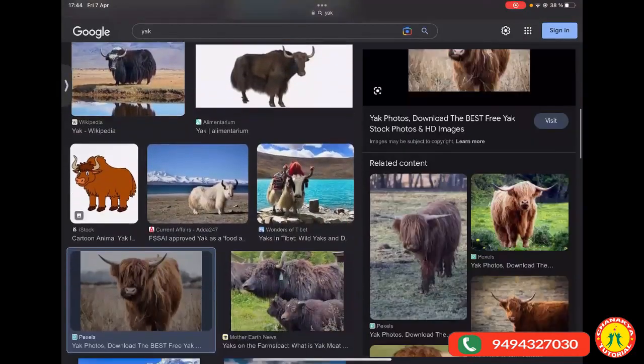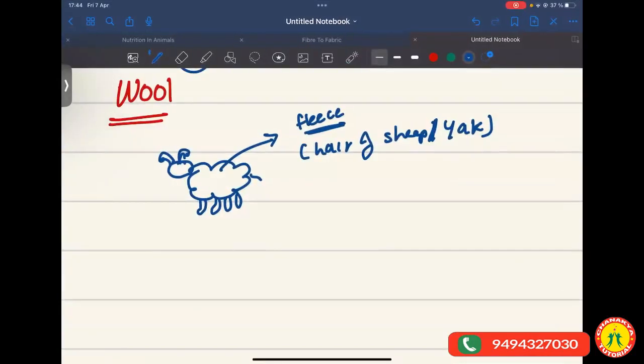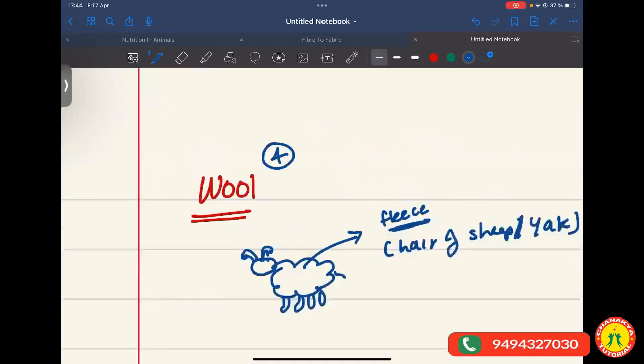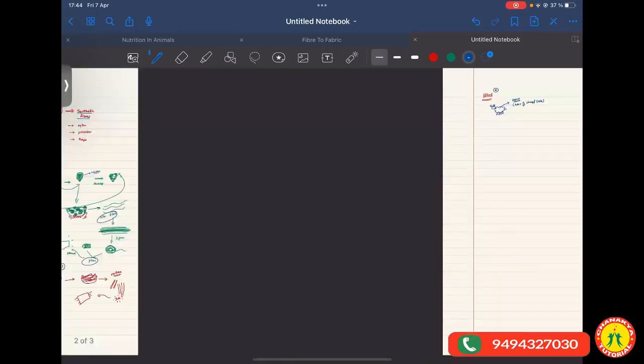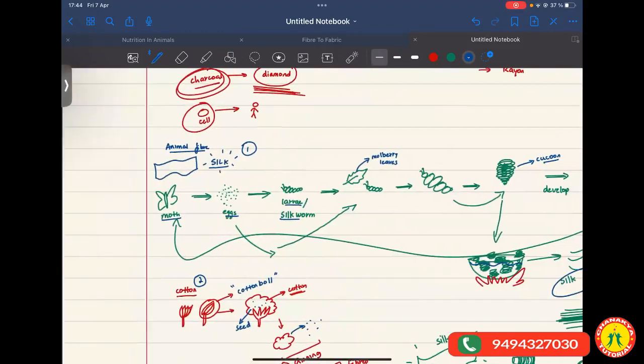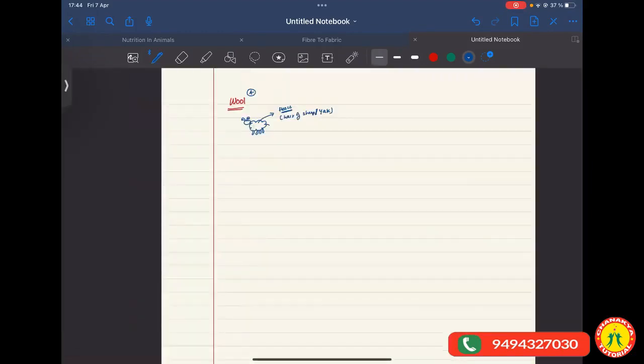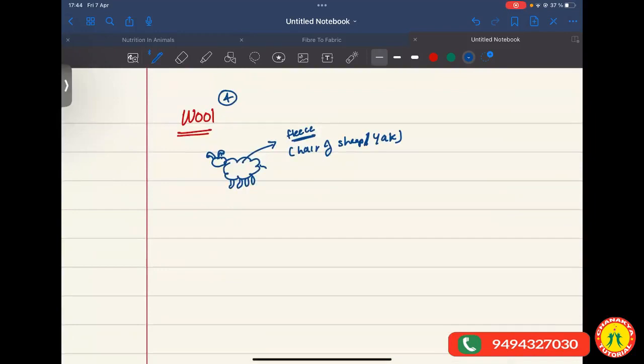We get this fleece from either a sheep or a yak. And we know that silk fibers come from the silk moth. So wool and silk are the examples you should write when I ask about animal fibers. And when I ask about plant fibers, you're supposed to write cotton and jute.